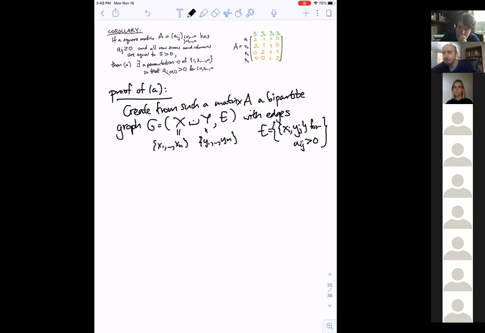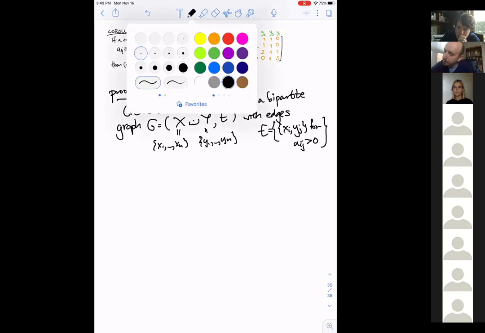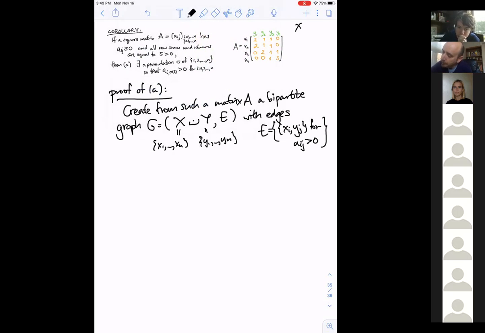Okay. So like in our example, let's do this. Here's X1, X2, X3, X4, Y1, Y2, Y3, Y4. And yeah, X1 is connected to the first three. X2 is also connected to the first three. X3 is connected to the last three.